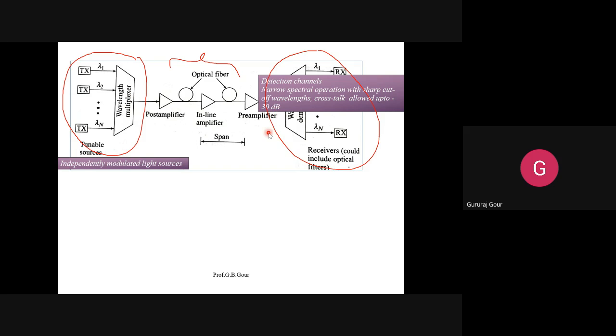The preamplifier is called pre because it will be kept at the receiver side, as the first amplifier that is going to receive the signal. After traveling such a long distance, your multiplexed signal has been attenuated and distorted. It will get amplified or boosted.